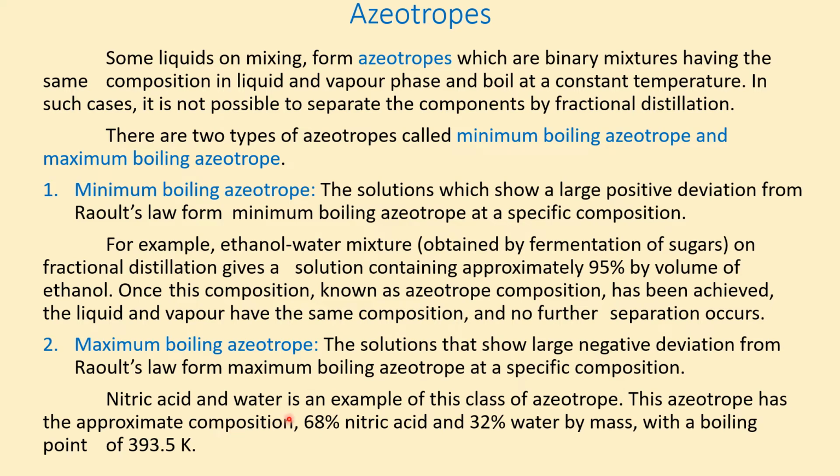Nitric acid and water: a mixture of nitric acid and water is an example of this class of azeotrope. This azeotrope has the approximate composition 68% nitric acid and 32% water by mass with a boiling point of 393.5 Kelvin.